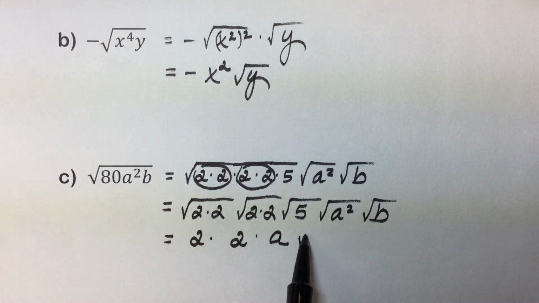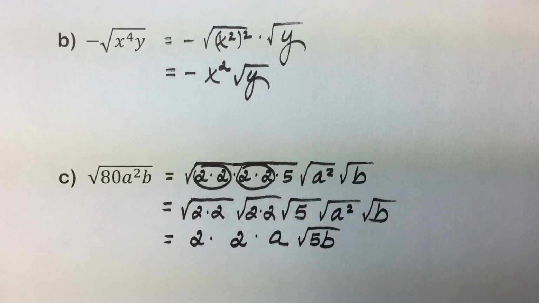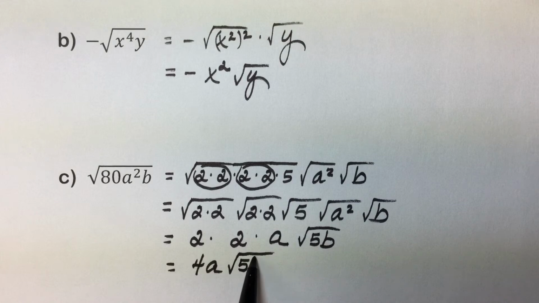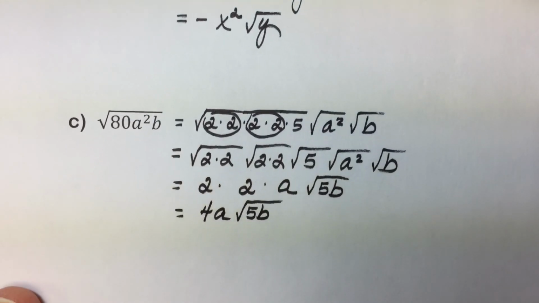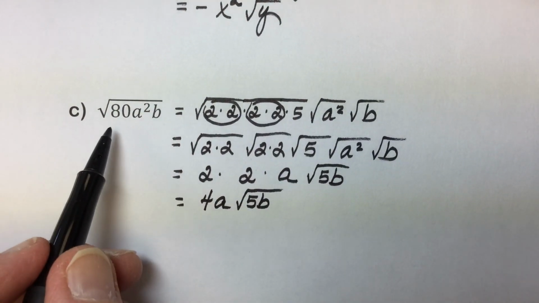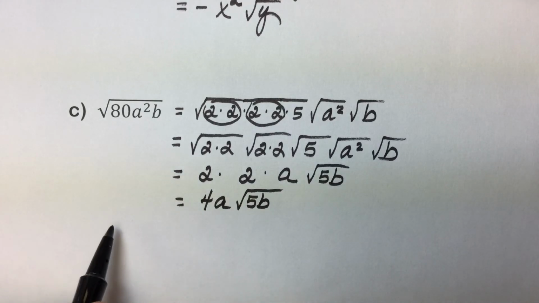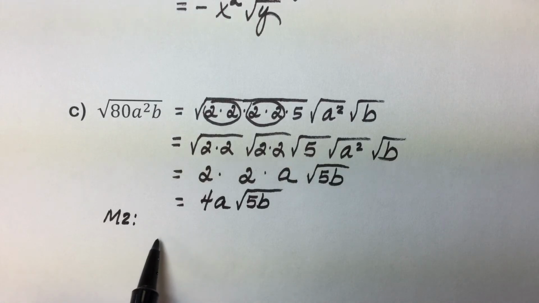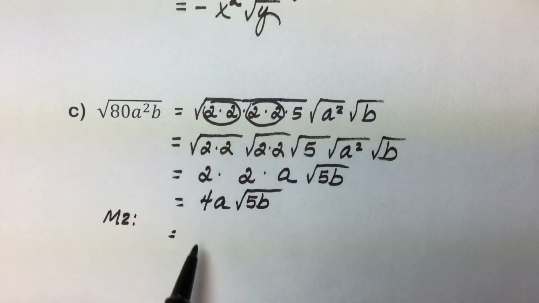We'll combine those two radicands using our product rule as follows. And to simplify this in its final form, 2 times 2, we could have our final answer as 4a times the radical 5b.